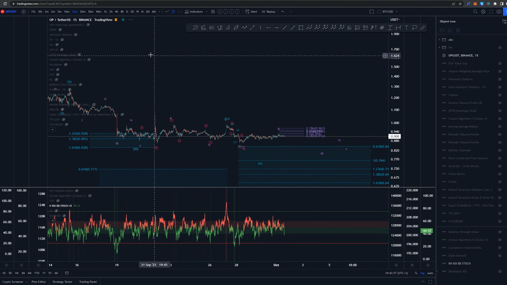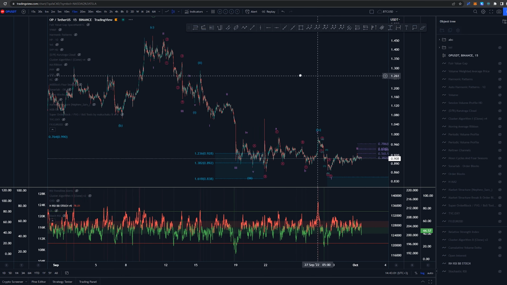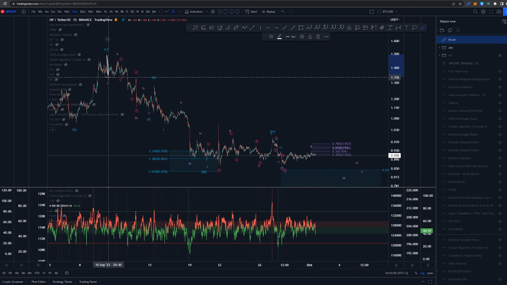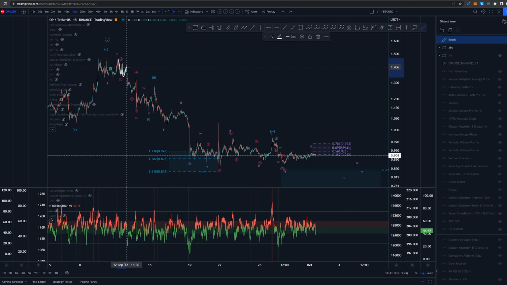Now let's zoom in a bit to take a look again at this last leg here. So overall, again, we are expecting a five-way structure coming down, and I've labeled this as a 1, three-way pullback here into wave 2, another 1, 2, 1, 2, 3, 4, 5 into the third, fourth, and fifth. So overall, what we got is a 1, 2, 3, 4, and 5.